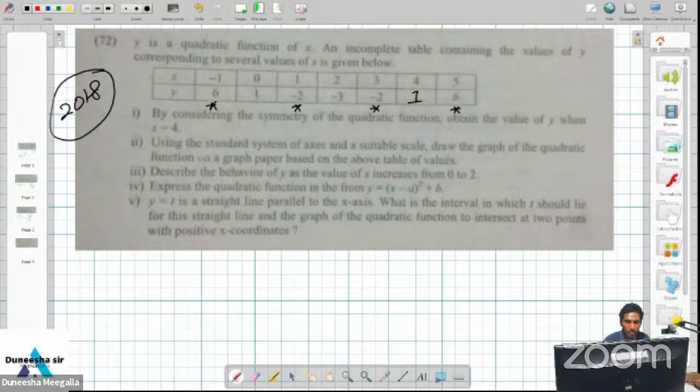Then x is 4, y is 1. Then x is 5, y is 6. Okay, I mark the points.